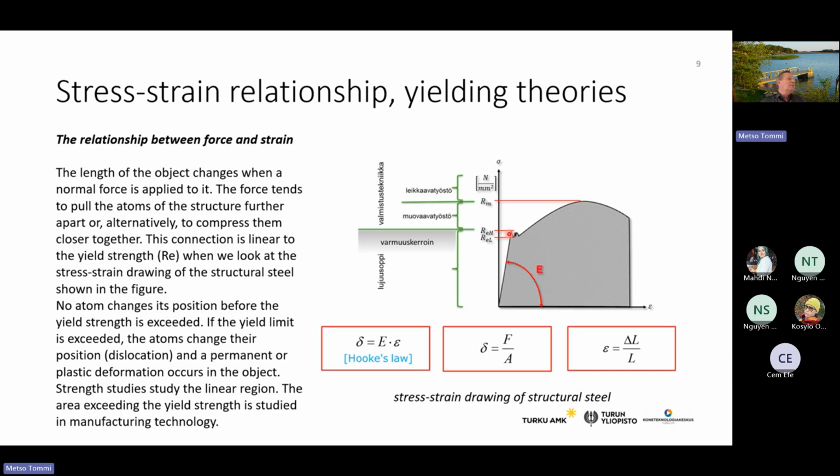And if we are trying to build different kinds of structures, we don't want deformation. And over this yield strength is the production technology area.